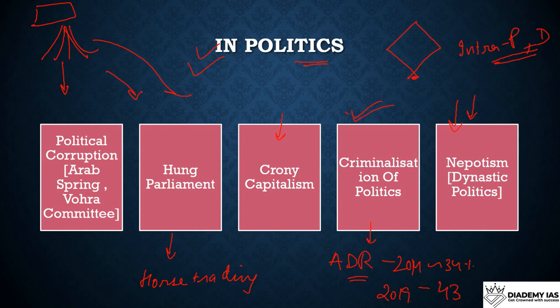So if those people are expected to take democracy forward, and they are not doing it themselves, then you can imagine what kind of democracy they'll take forward. So high command culture is going on. All right. Okay, so I hope this is clear. Let's move on to the next topic.